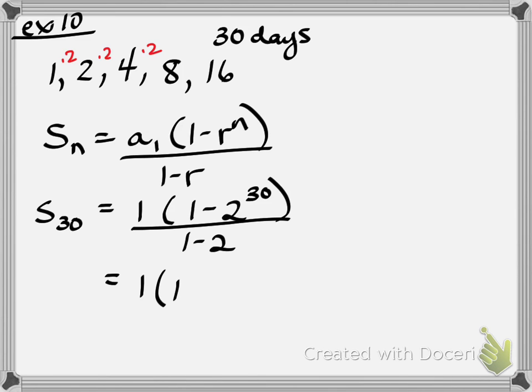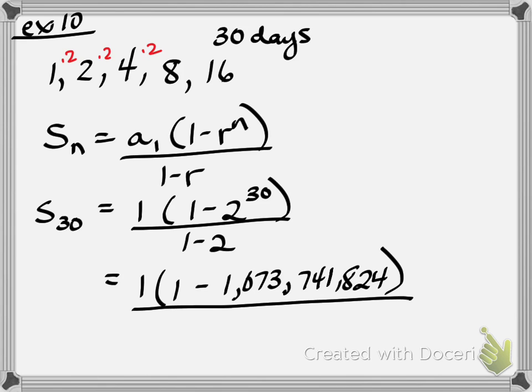Two to the 30th. I'm looking in the book. It's 1,073,741,824 over, in the denominator we'll get a -1.